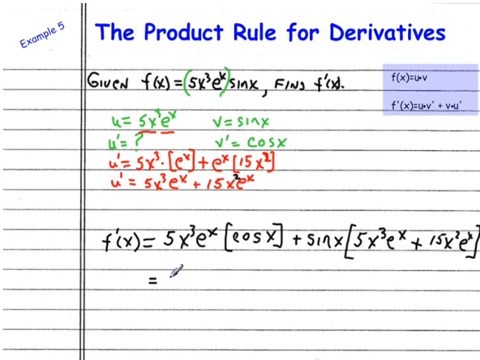So we could write this as 5x cubed e to the x cosine x as our first term, plus, now sine x times this first term would give us 5x cubed e to the x sine x, and when we multiply sine x with this second term, we would get 15x squared e to the x sine x.